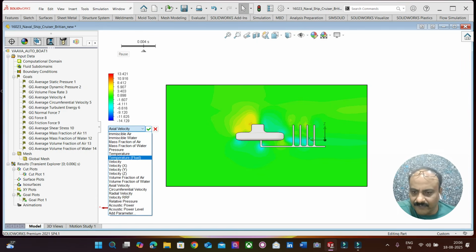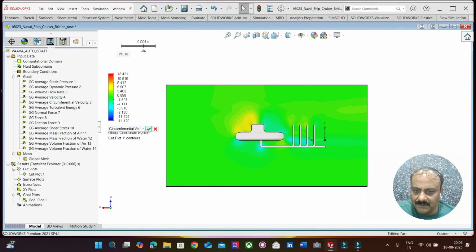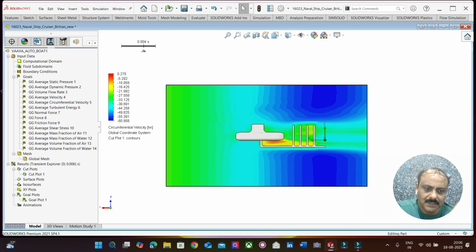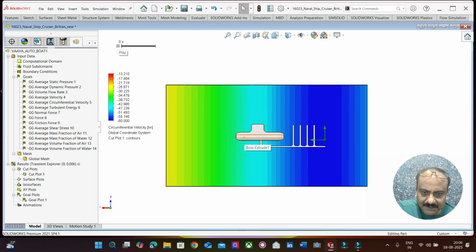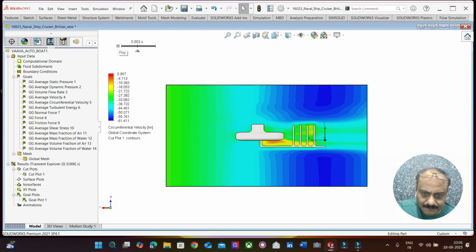Now let's find out what are the circumferential velocities. So this is how the circumferential velocities are. Okay, so now this is going to be like this. The submarine moves forward, it is pulling the entire air, it is pushing the air backward.